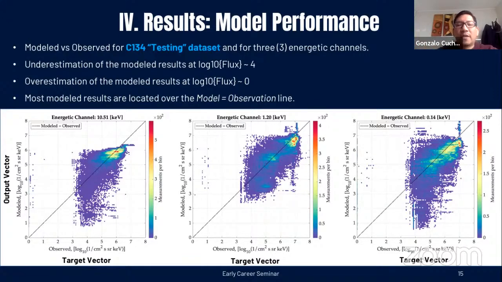So still we have the same patterns. We have the underestimations in this region and the overestimation around log 10 flux equals 0. And also we have a good agreement in terms of having many of these points around this line, at least for this region of flux.